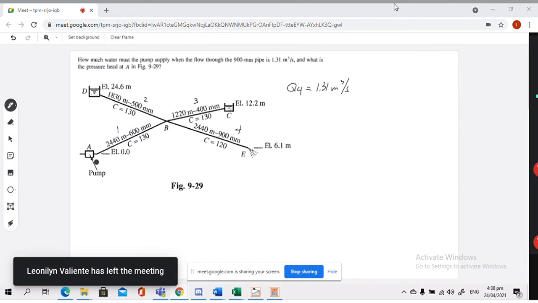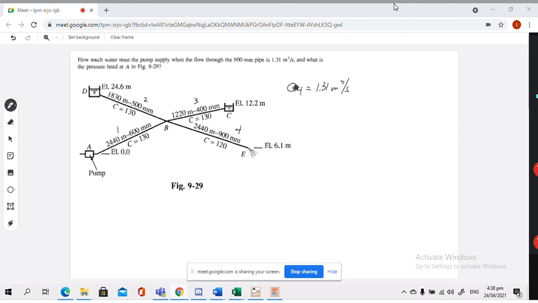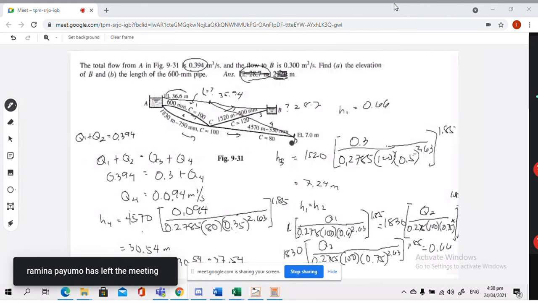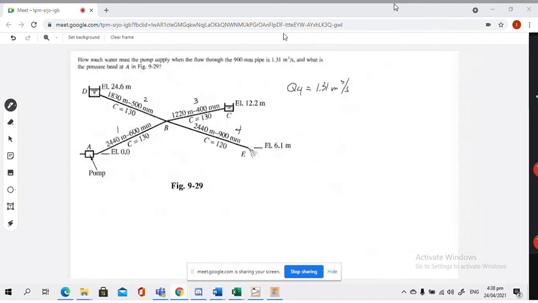Okay? So this is open. So mao gyapon ta parehas ganina. Mag-open. So kung pila tong elevation ani, kung pila imong head loss makuha ani, ada na nimo daw na imong elevation sa B. And at that time makahibaw na kag-asa pa do ang flow aning duha.